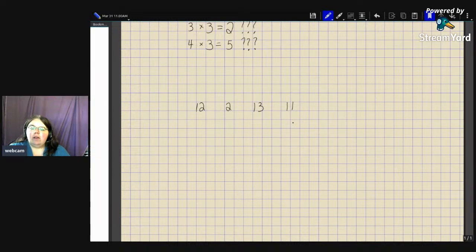So these are randomly generated at 4nums.com. So let's look at these and see how we can get 24. Well, we could get 24 by doing just 12 times 2.